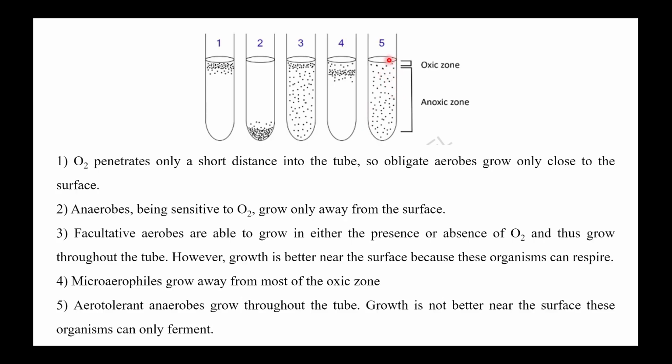So they cannot survive very nicely in the presence of oxygen. The difference between the third and the fifth tube is that the growth is throughout the tube, but the growth at the surface is higher for the third tube, while for the fifth tube it's not the same case. So the third tube shows facultative aerobes.